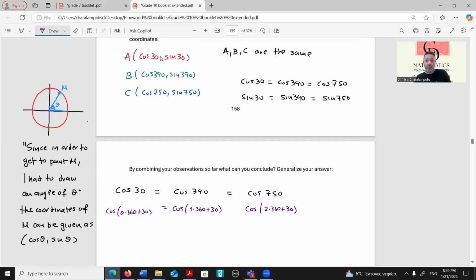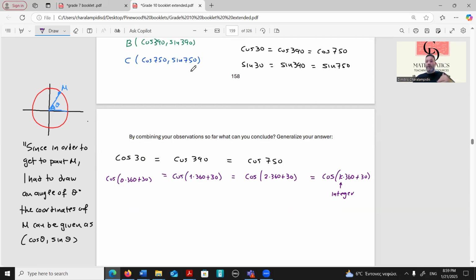So it wouldn't be wrong to generalize that all of them would still be equal to the cosine of k times 360 plus 30, where k is an integer: 1, 2, 3, 4, 5, 6, and negative 1, negative 2, negative 3, negative 4. It is a whole number, and shows how many full circles we have drawn in order to go to that angle.